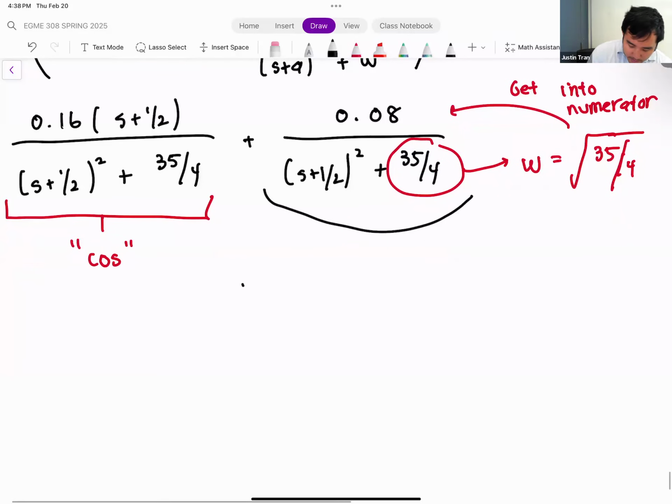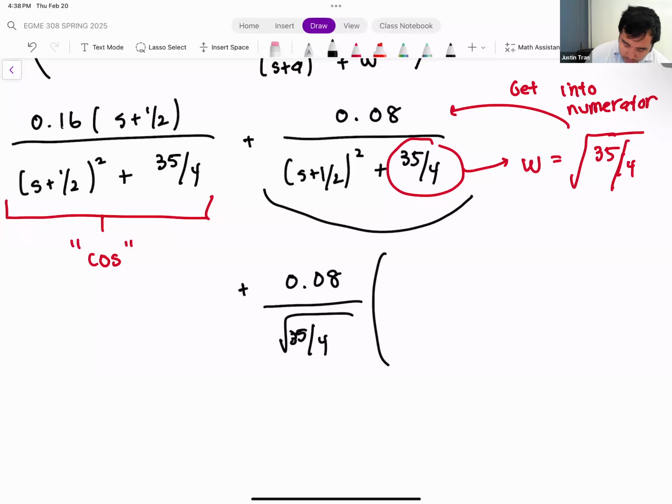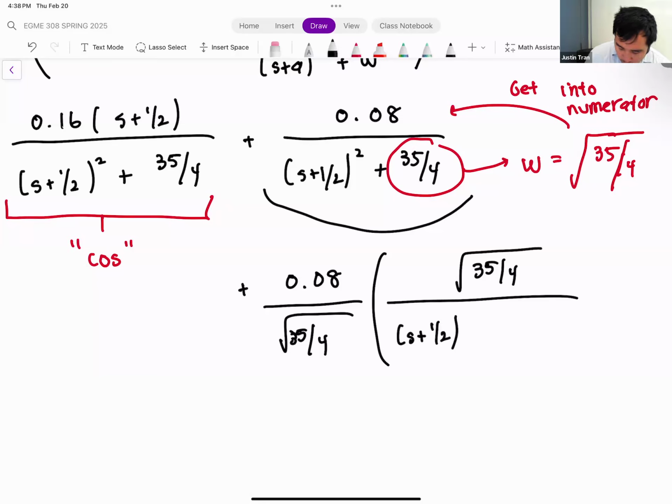If we do that, I'm going to pull out that 0.08 and divide by square root 35/4, so inside here we have square root 35/4 divided by s plus 1/2 quantity squared plus 35/4.